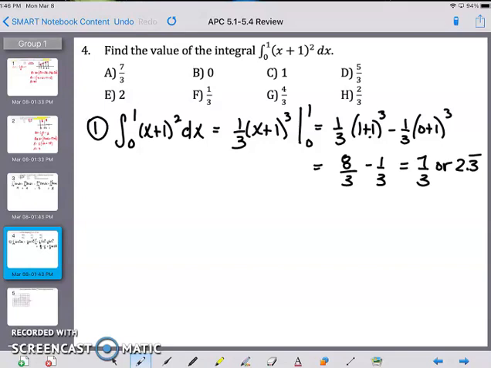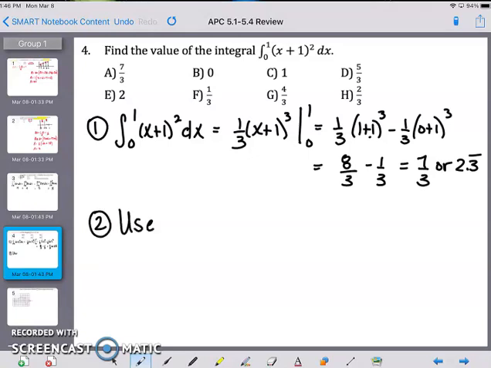Now, the other way that we could do this problem is something that we have not really talked about yet, and this is using the FNINT key on your calculator, which stands for finite integral. So right now, I am going to show you how to do this for the first time ever.